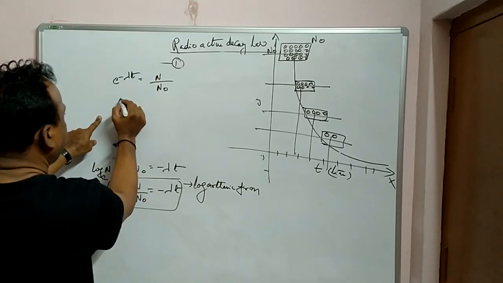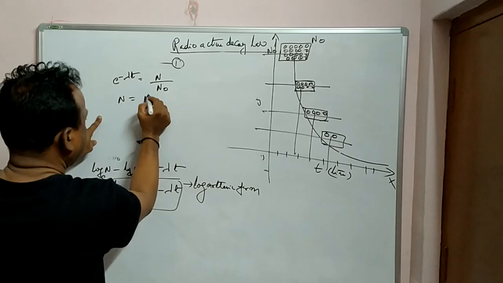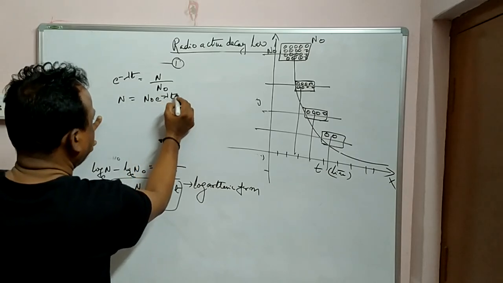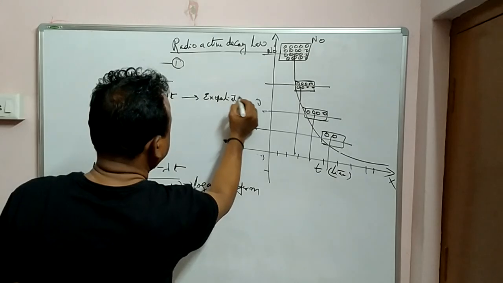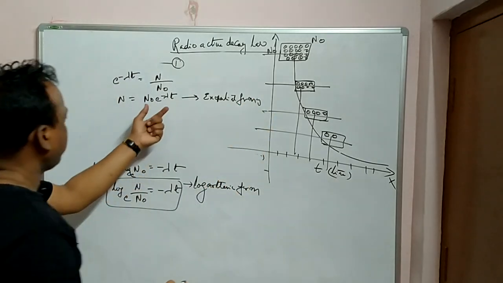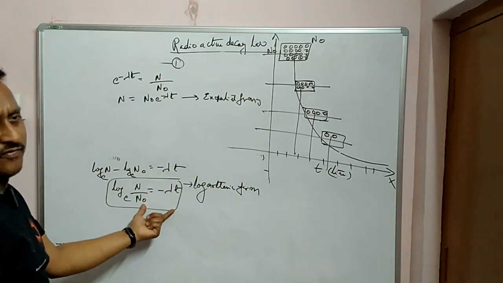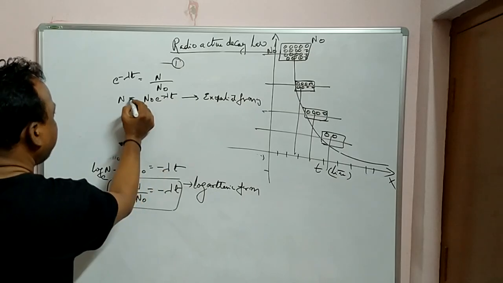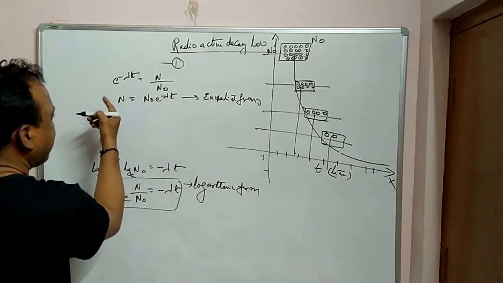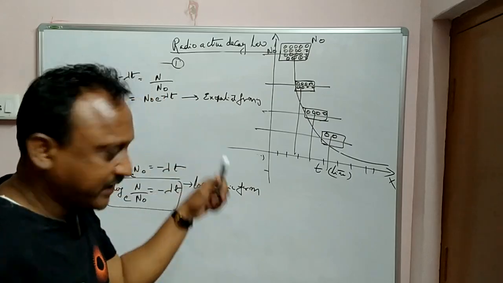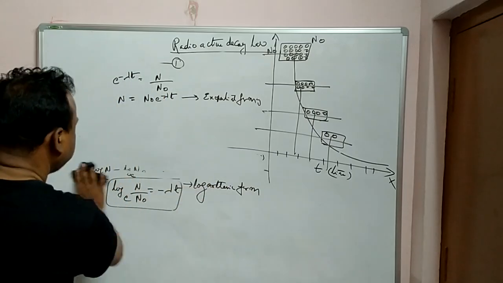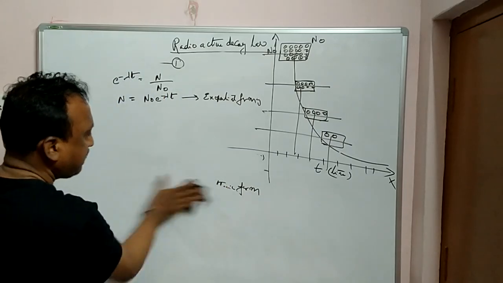This is also called the exponential form: N is equal to N0 into e power minus lambda t. This is the exponential form, and this is the logarithmic form. N0 is initial and N is undecayed. N is the undecayed sample. Please copy this one. Any doubt?